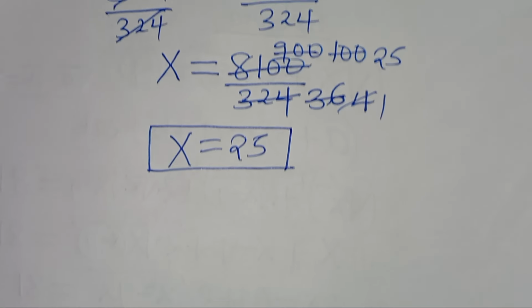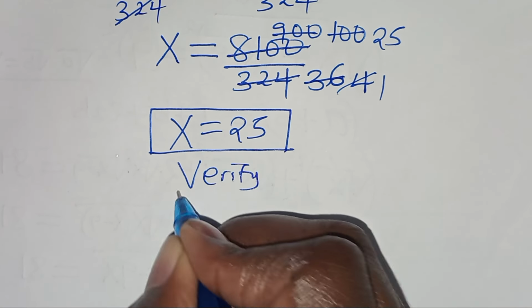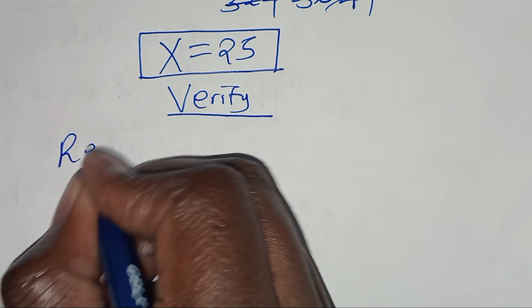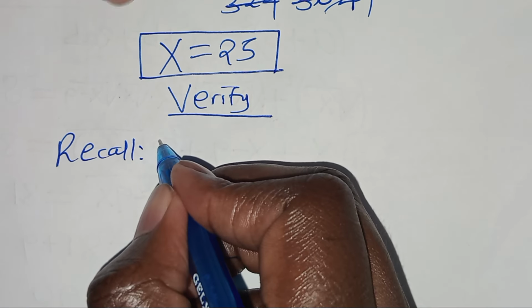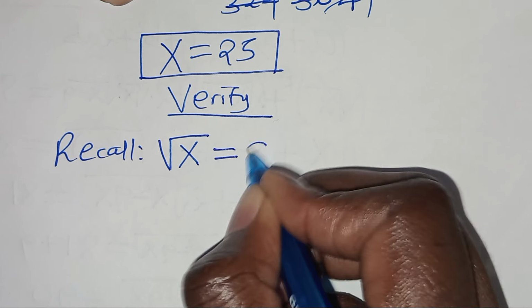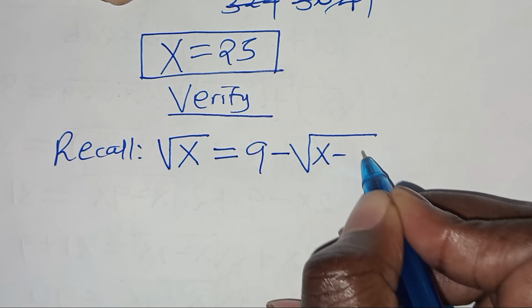The next step is to verify that this value of x satisfies the equation. If you recall, we have that the square root of x is equal to 9 minus square root of x minus 9.